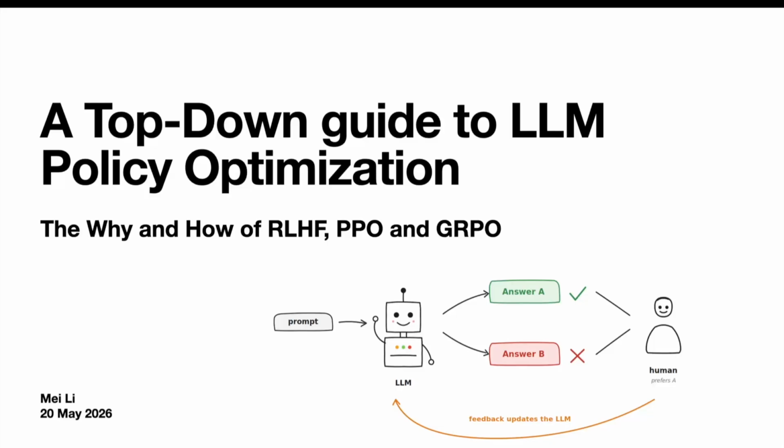We'll start from the core intuition, connect it to the math, and then walk through one step of the training loop for each method. By the end of the video, you should have a clear mental model of how PPO and GRPO optimize LLM policies. Let's get started.